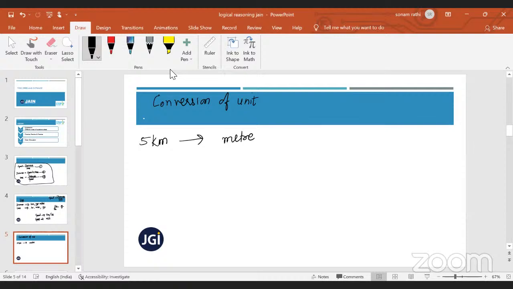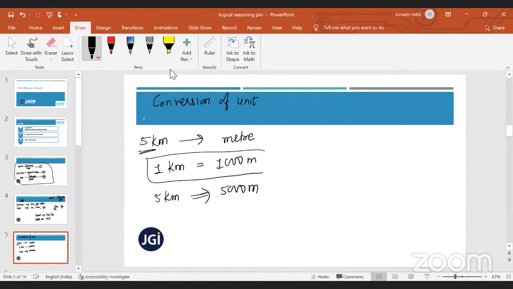You need to know 1 kilometer is equal to 1000 meter. So 5 kilometer will be 5000 meter. This is how you convert the unit from kilometer to meter. 1 kilometer is 1000 meter. Note this down.